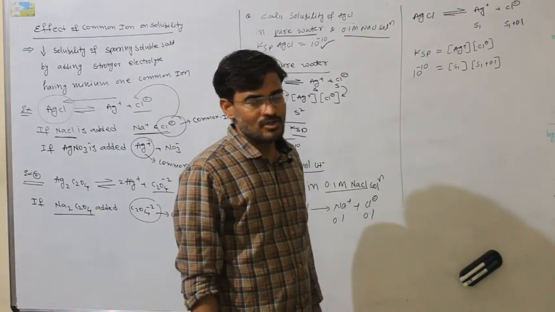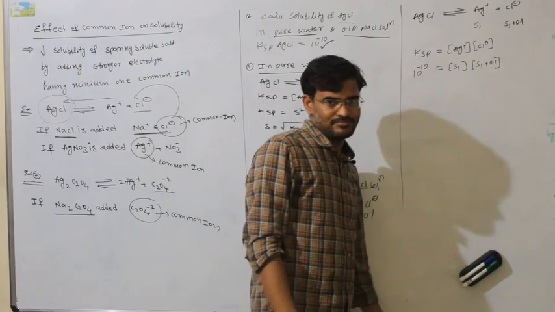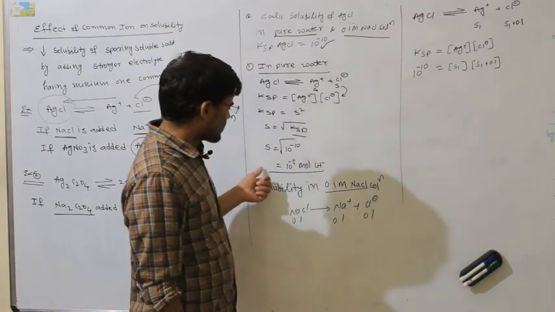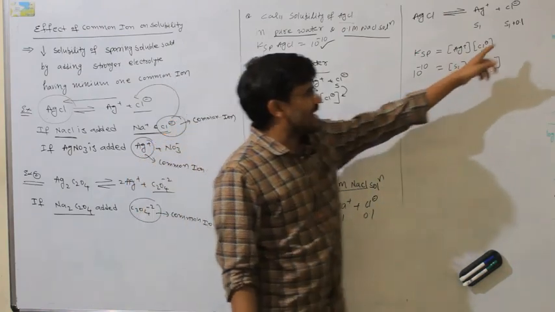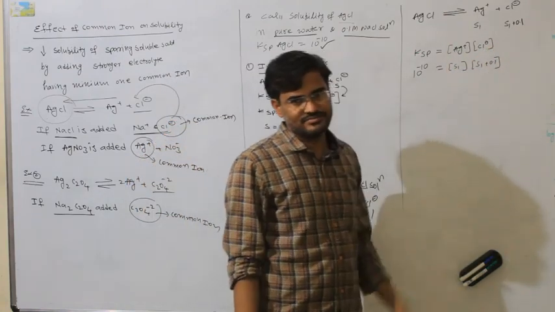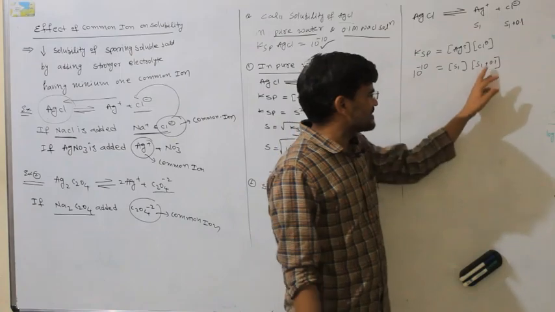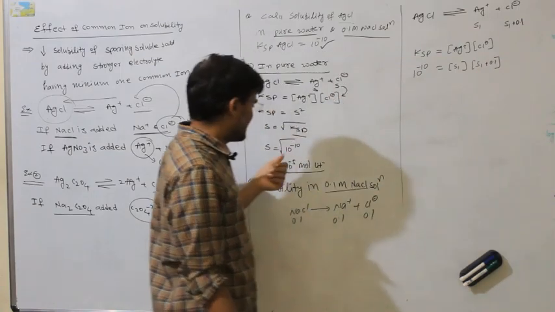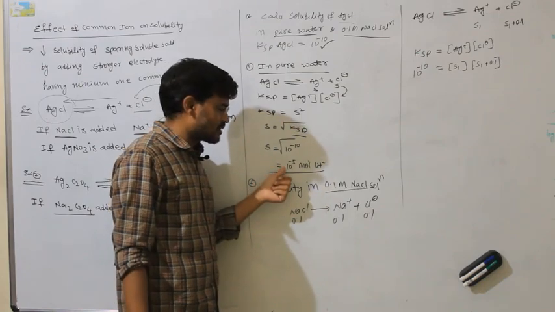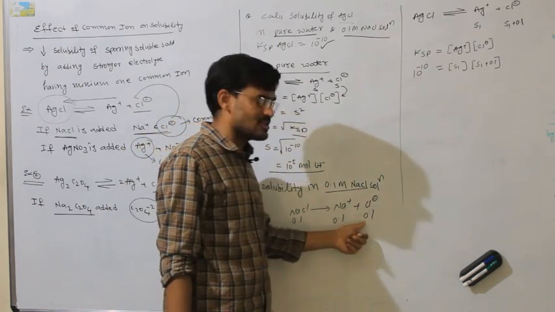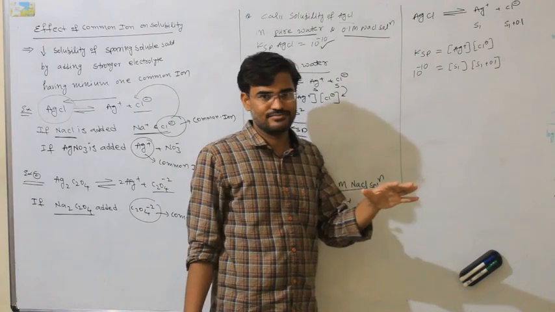So what we do, I will do an approximation. In pure water the solubility is 10 power minus 5. Due to having a common ion, ultimately it will decrease. It means this S1 value will be lesser than 10 power minus 5. When compared to this value, this 0.1 is very high.